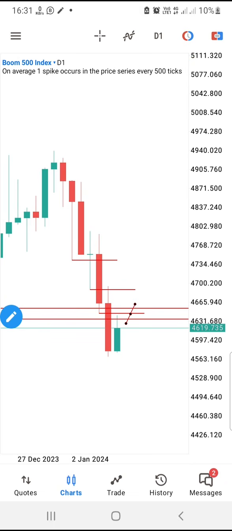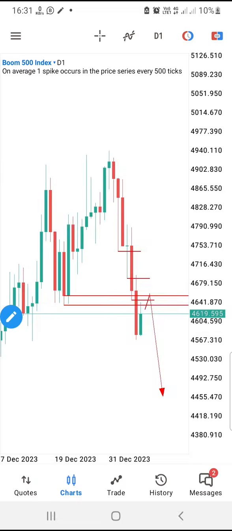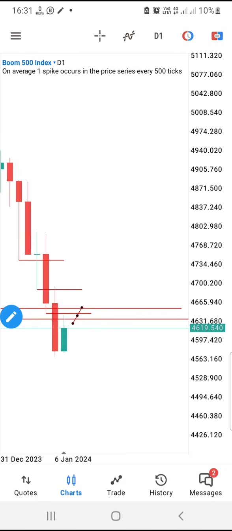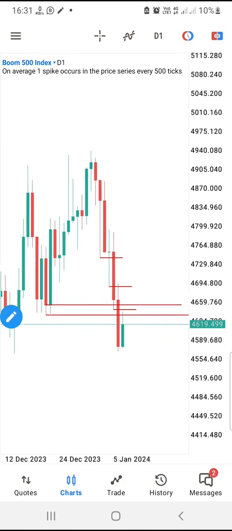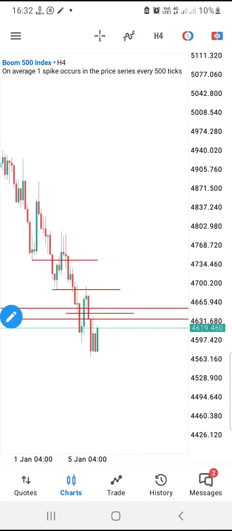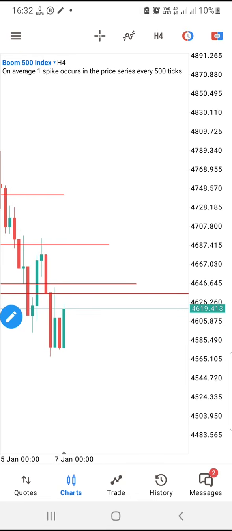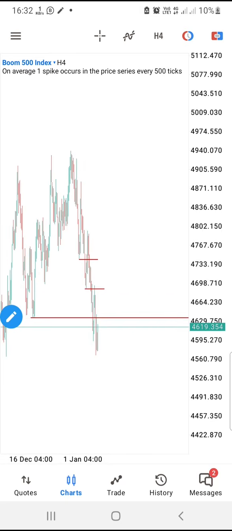We're waiting for price to form an immediate rebalance, and then it continues moving down.